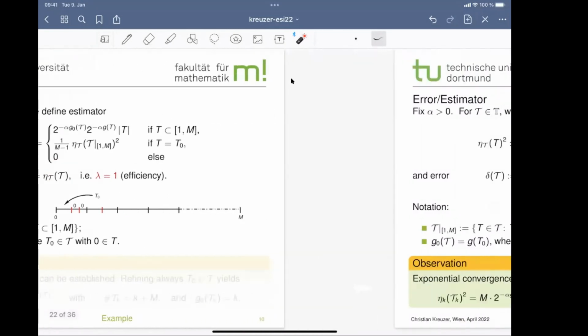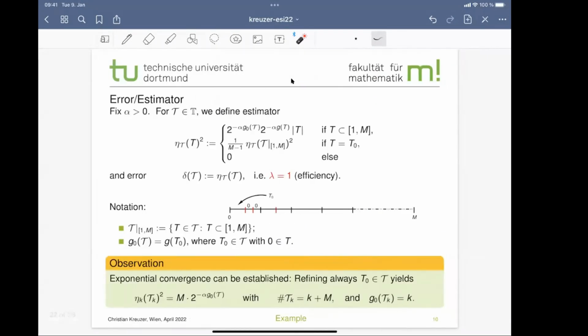Well, the first observation here is that we can even establish exponential convergence. If we always take the element that contains 0, then only this is reduced by an exponential decay. So this is the factor m of the error estimate on the initial grid. One can prove that it's m.